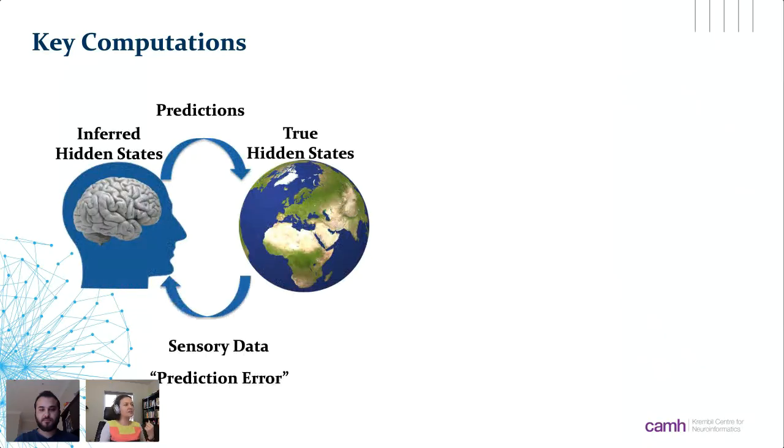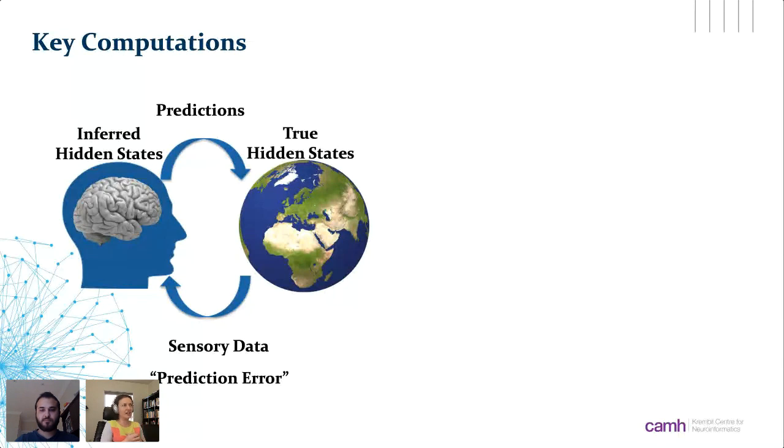Our percepts allow us to process incoming sensory data, and in this Bayesian brain hypothesis, the sensory data is translated into the brain as prediction error signals.